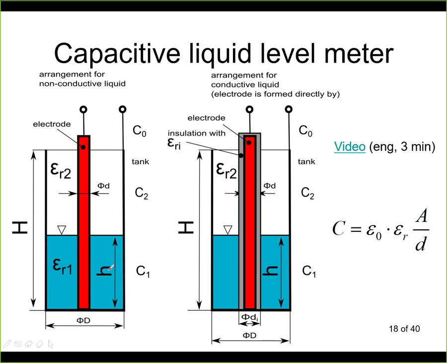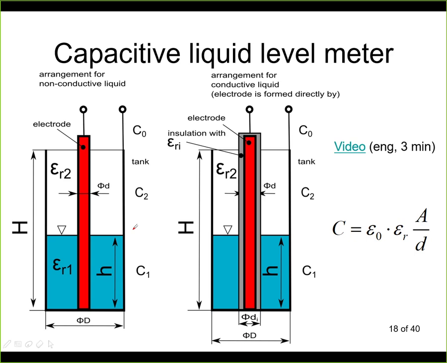It will also be dependent on the distance between the electrodes. So the distance between this electrode and the tank will also be important, but this is a constant in our setup. And it will also depend on the area of the electrode. So we may calculate also the area of this cylinder and of this electrode and get the capacity.